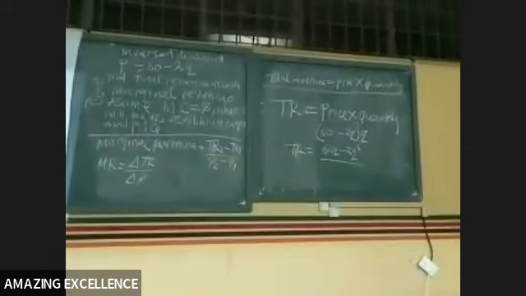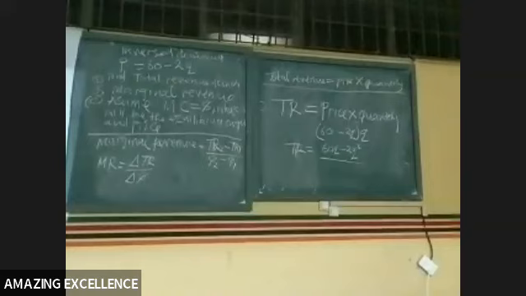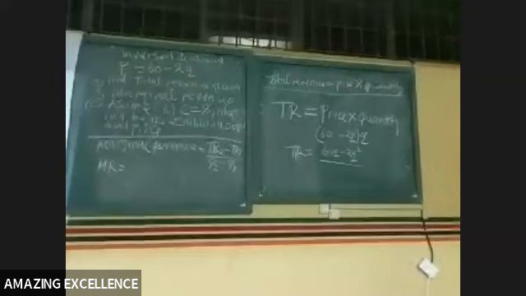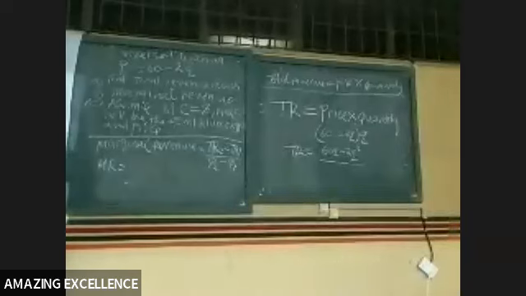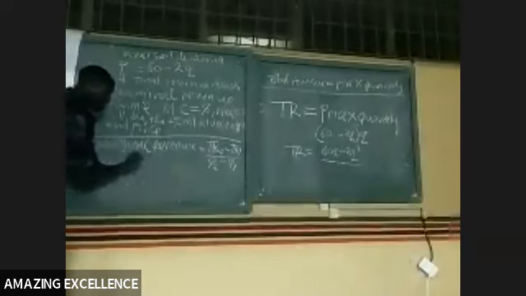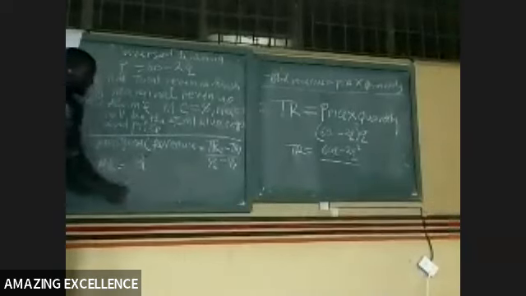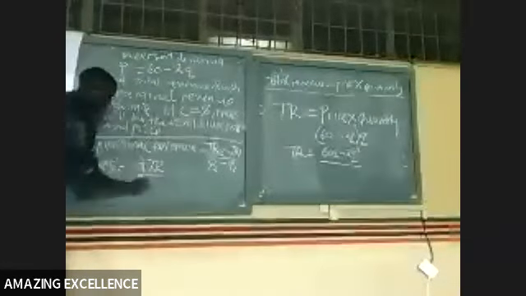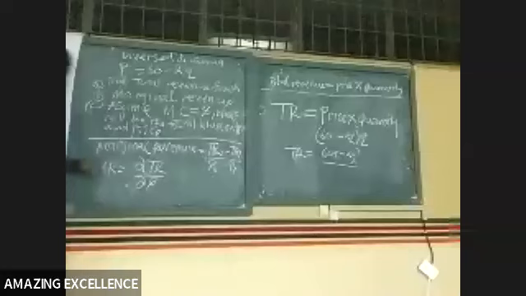So from calculus, you can express this as dTR over dQ.